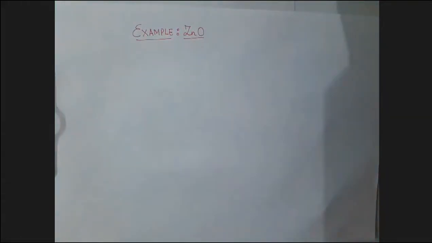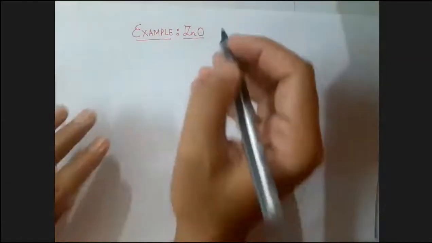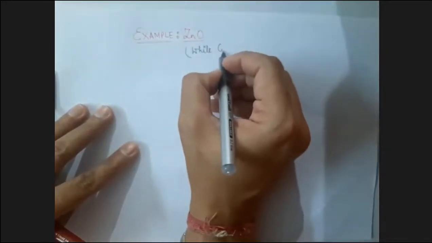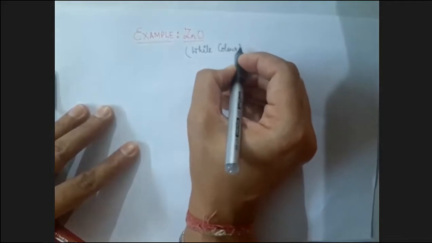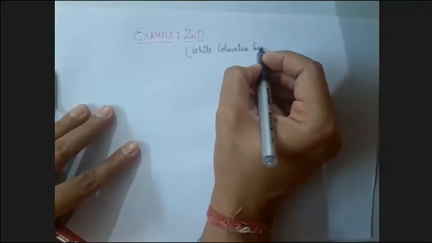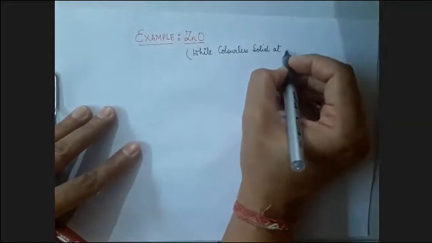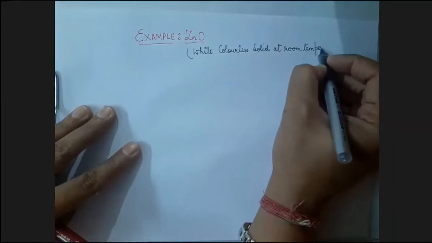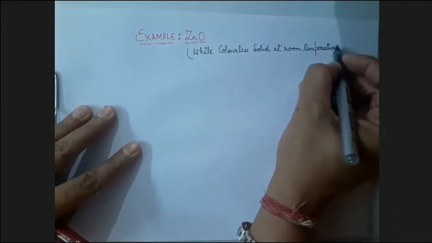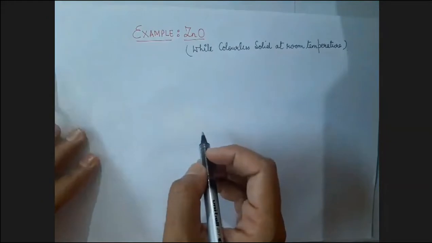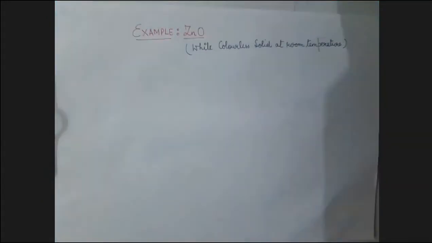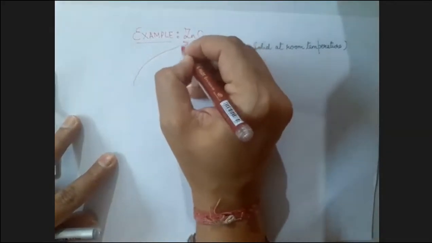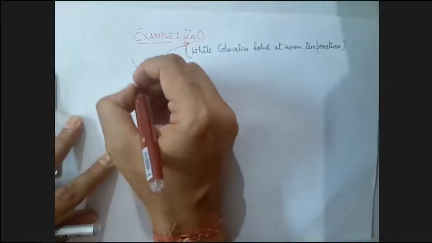Whenever we are talking about zinc oxide, it is a white, colorless solid at room temperature. When we heat it, जिंक ऑक्साइड को आपने हीट किया.